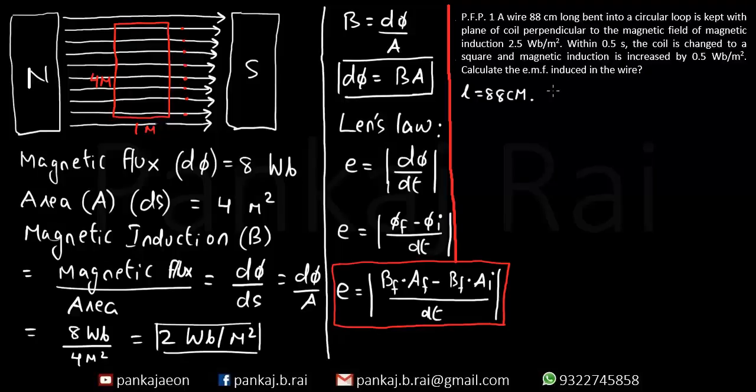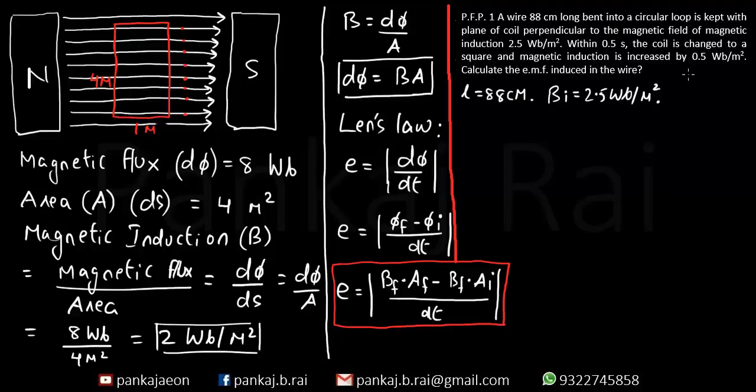So initially I can say that the induction of the field is 2.5 Weber per meter square. Moving ahead, within 0.5 second, that means this is the change in time, the coil is changed to a square. So initially it was a circular loop and now it has been changed to a square, and the magnetic induction is increased by 0.5.